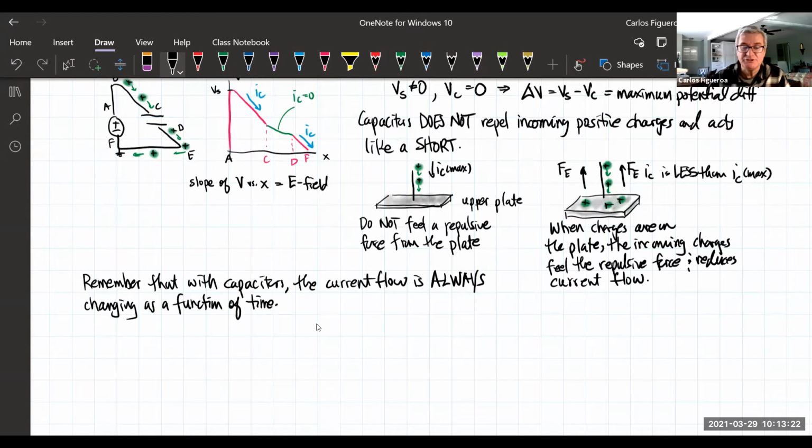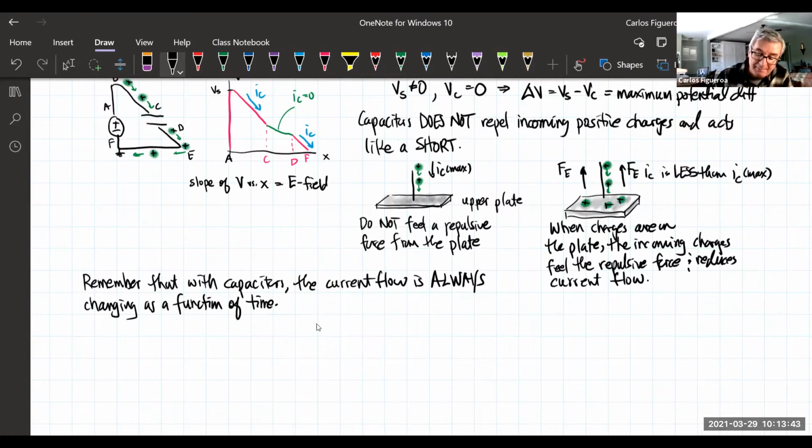You can see this by the picture on the right here. As I put more and more charge onto that plate, you're going to get a stronger repulsive force, which makes it harder for the electrons to get onto the plate.